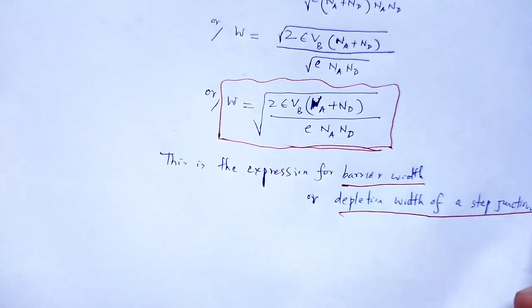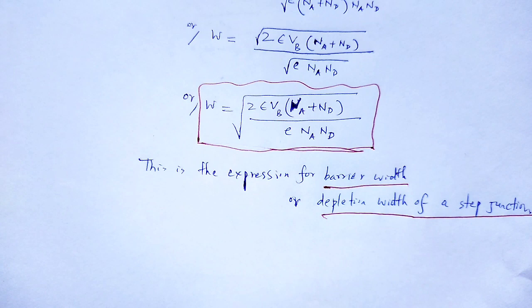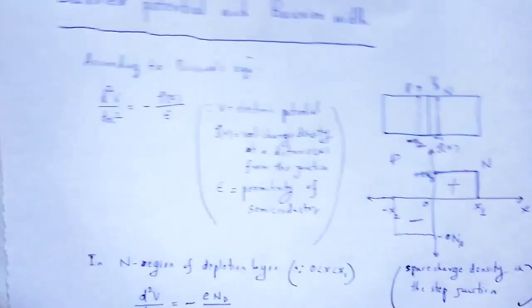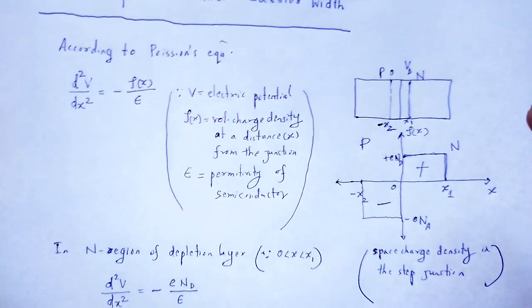Barrier width or depletion width of a step junction. So, here with the help of this video lecture you understand the concept of barrier potential and barrier width.